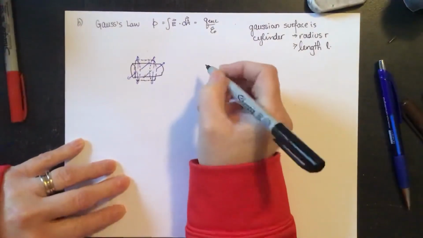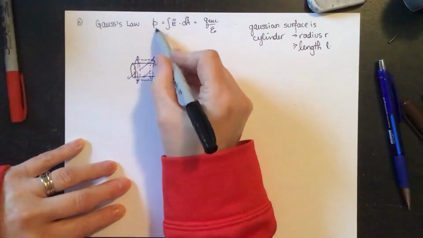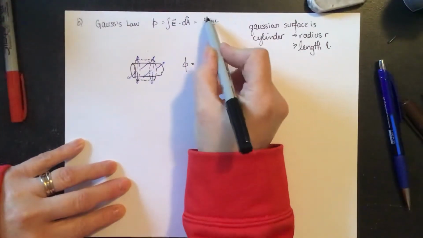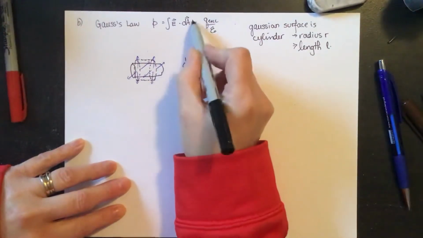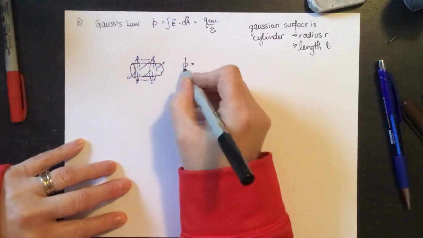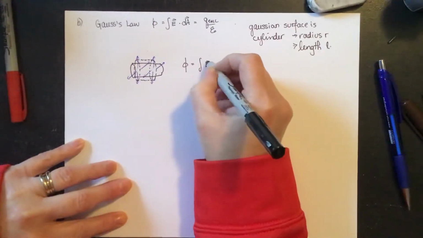So what we're trying to do now is deal with this part of Gauss's law, and then separately for each of our 4 cases we'll deal with Q enclosed, because this part only depends on the geometry. So our net electric flux is equal to the integral of E dot dA.